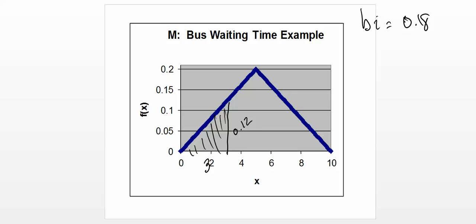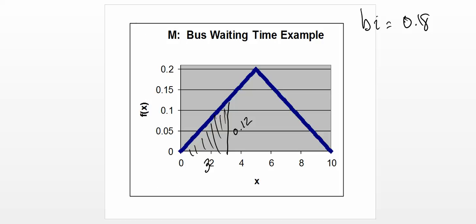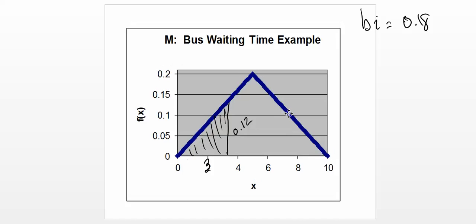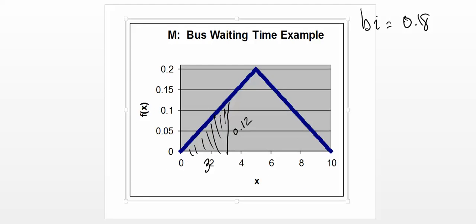The next question that we're supposed to look at asks, what is the probability that it's at least 7 minutes? Well, at least 7 minutes means it's 7 or more. Whoops, I did not mean to do that. What I meant to do is say that now we want the area of that triangle.